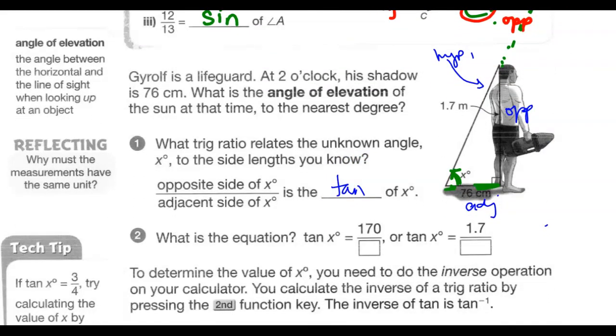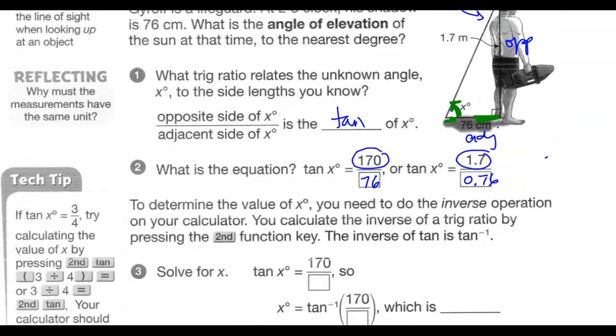So tan of x is 1.7 meters, which is 170 centimeters over the adjacent. Either one of these works, you just have to be consistent. So for the adjacent in centimeters, that's 76. In meters, that's 0.76. The ratio is still going to be the same.